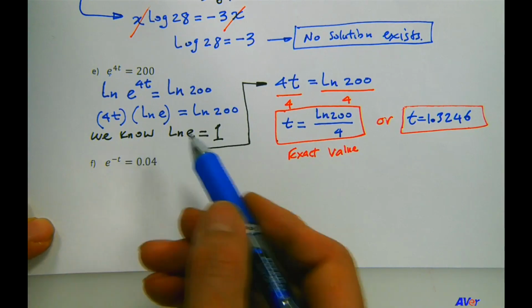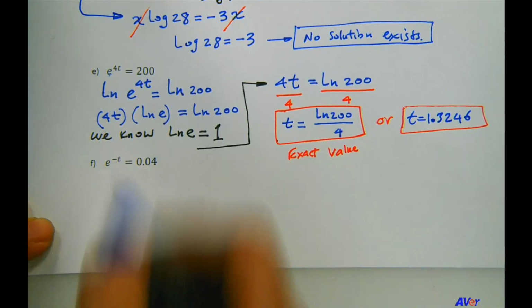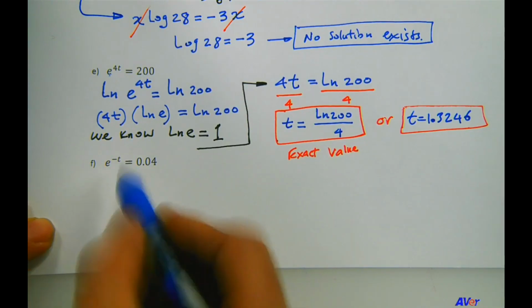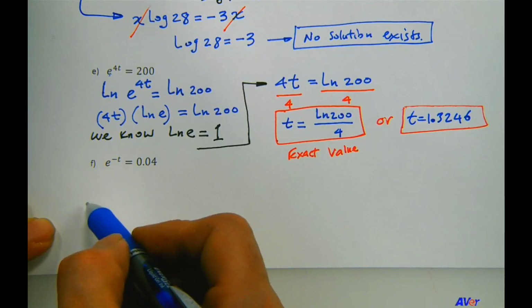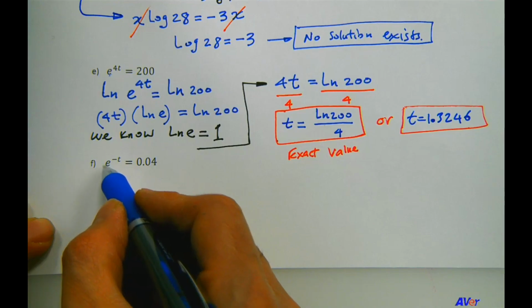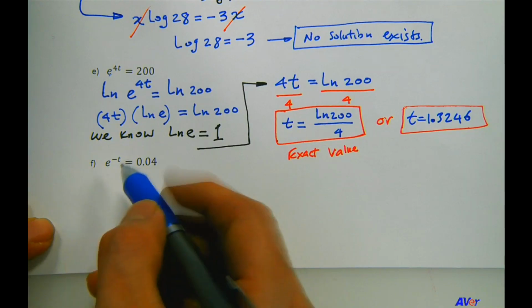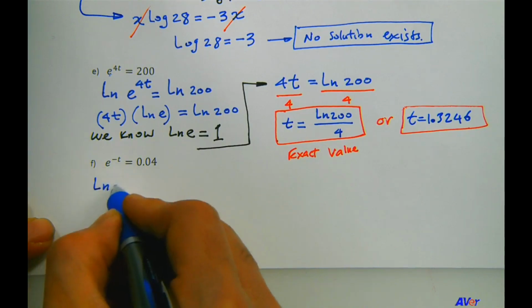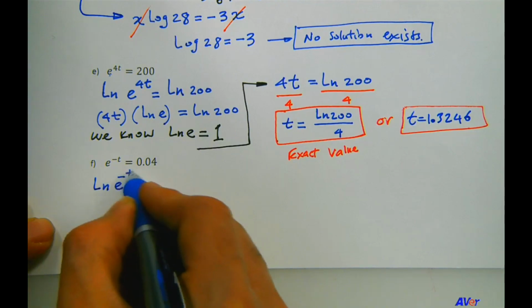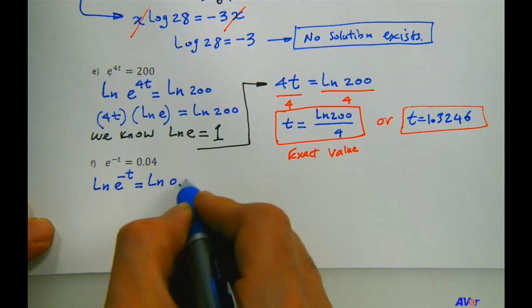What technique do we have to help us achieve that? Well, we can take the natural log of both sides, because the base of this exponential function is e. So let's do that. Natural log of e to the minus t power equals natural log of 0.04.